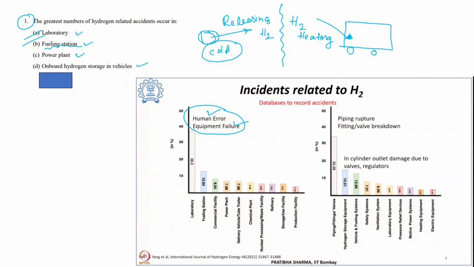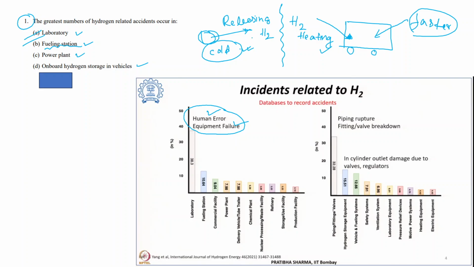As a hydrogen expert, you can say that the filling of the hydrogen should be done in a very fast way, as fast as possible. Faster filling, faster refueling of hydrogen inside the car is needed to avoid the higher heating value or high heating chances.